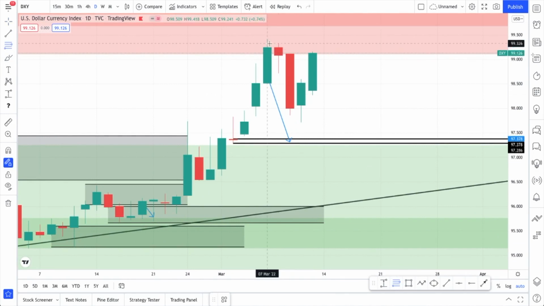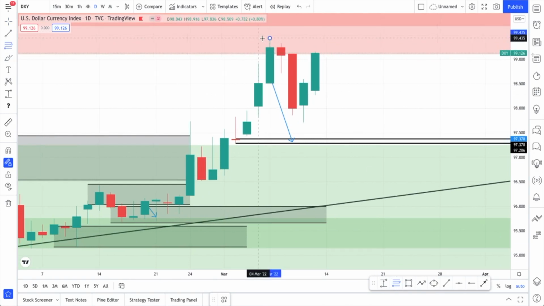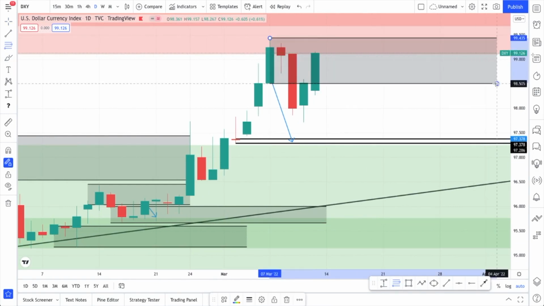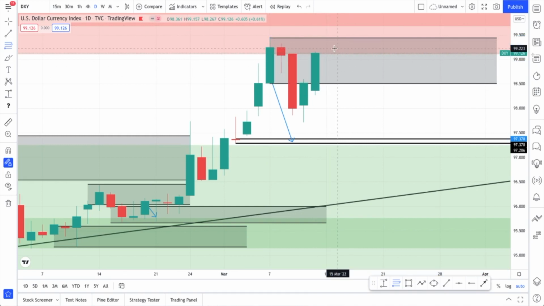So if we look at where current price action is, it could provide an opportunity to look for short trades on Monday. And down here there is still a valid demand zone. As long as there is risk of sentiment, it could offer an opportunity to look for buy trades. If it doesn't work, then probably the ones below here. That's again if we're in a risk of market condition.